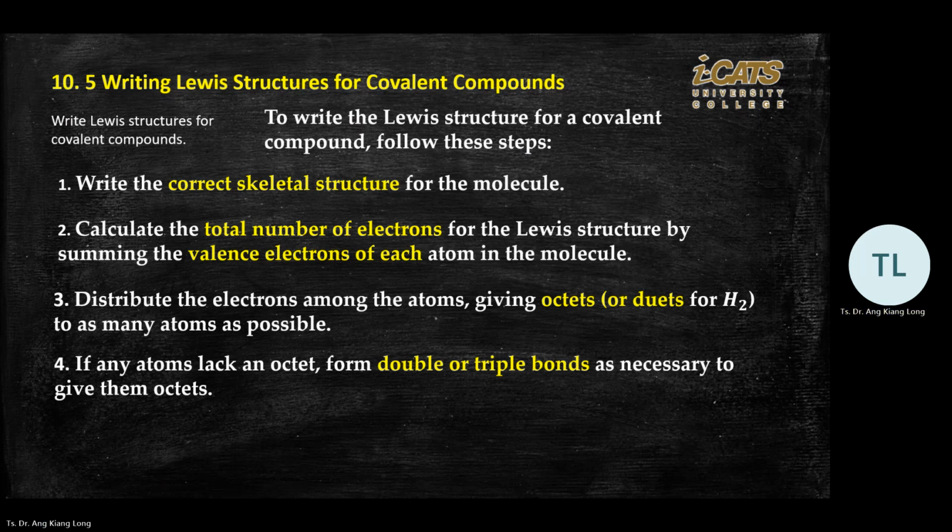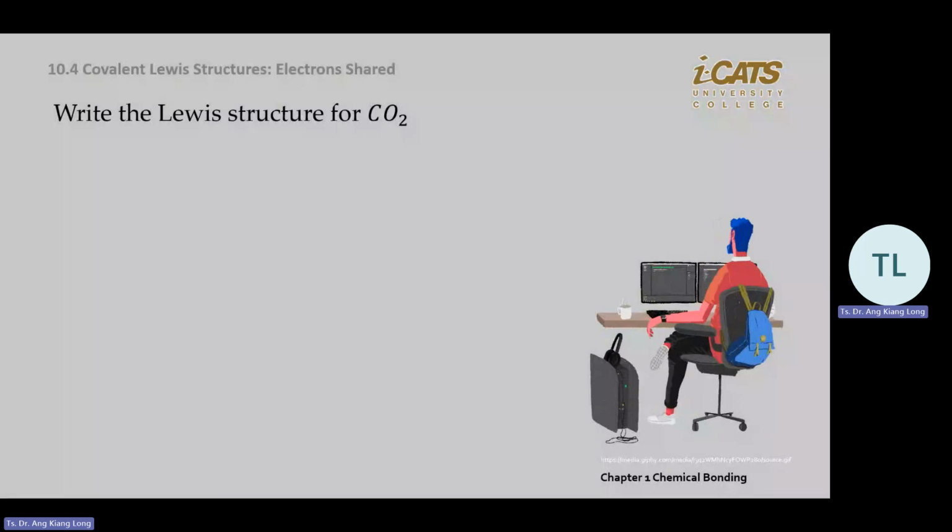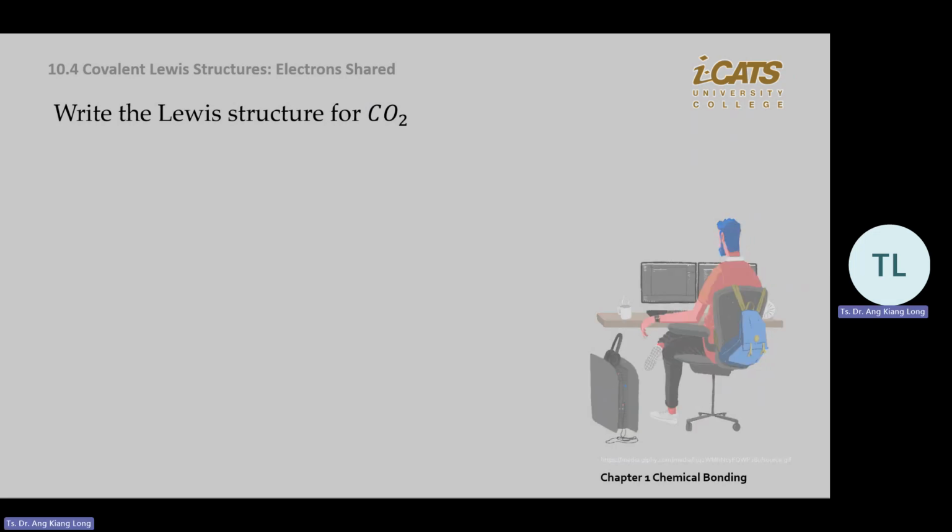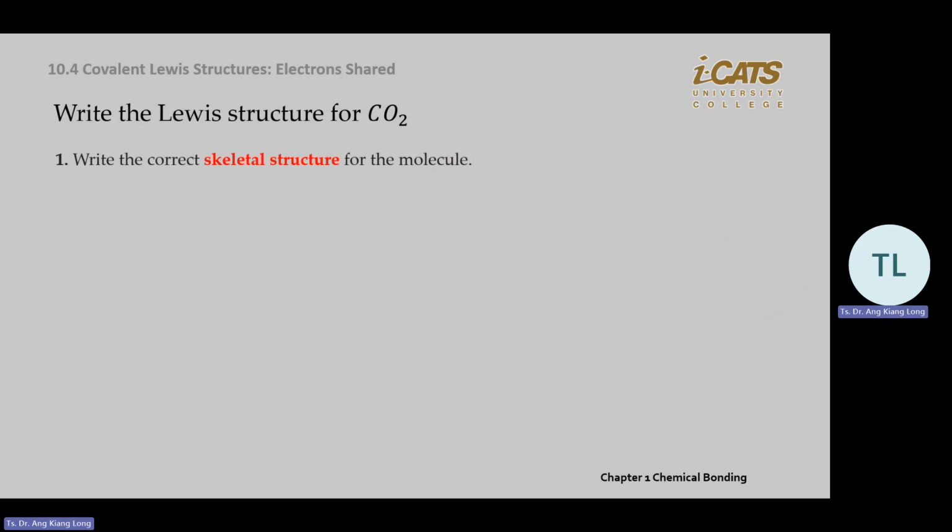Okay, let's look at an example. If the question asks you to write the Lewis structure of CO2, the first step is to build the skeletal structure. So you write step number 1, write the correct skeletal structure, or you can just write the skeletal structure. So for CO2 you arrange it like Lego.